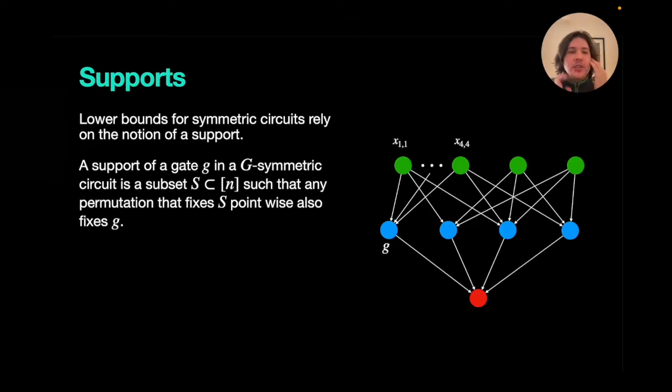So let's take a look at this circuit. And here we have some group G acting on the input gates. And let's again assume that G is a subgroup of Sym(n), for the sake of simplicity.